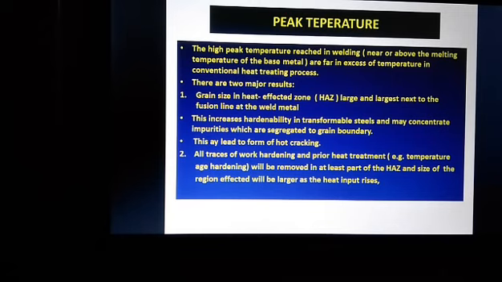This increases hardenability in transformable steels and may concentrate impurities which are segregated to grain boundaries. This may lead to hot cracking. All traces of work hardening and prior heat treatment, like tempering and age hardening, will be removed in a large part of the HAZ, and the size of this effect will be larger as the heat input rises.